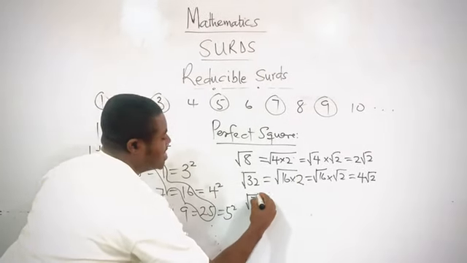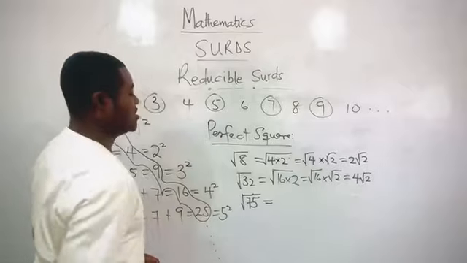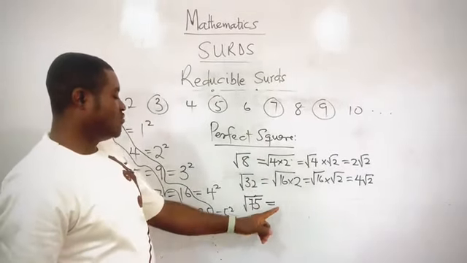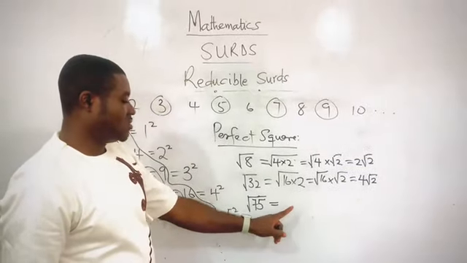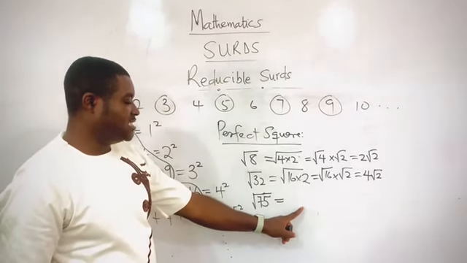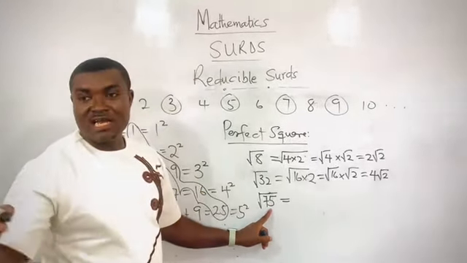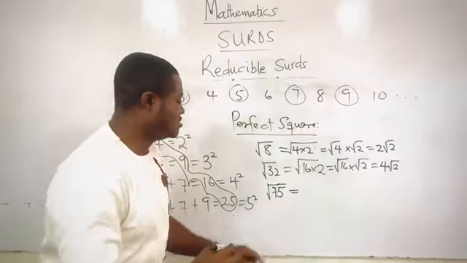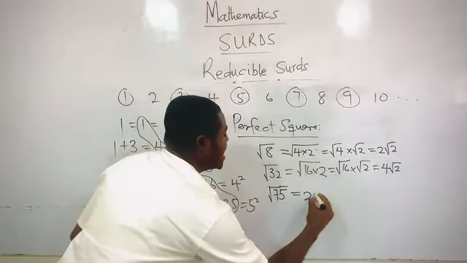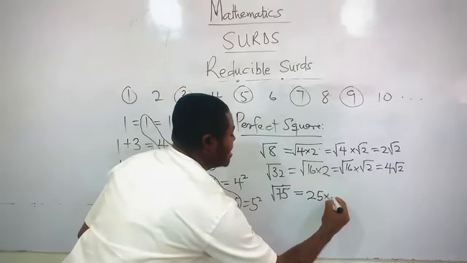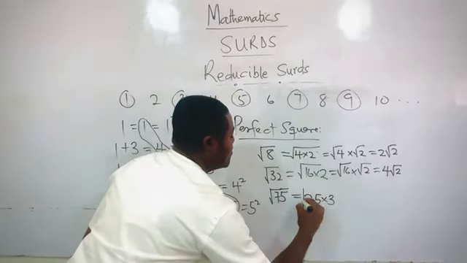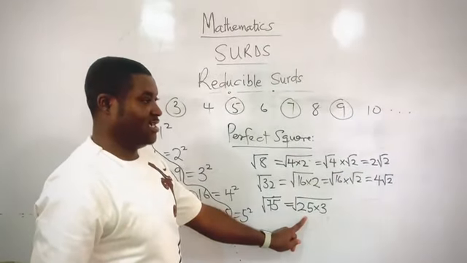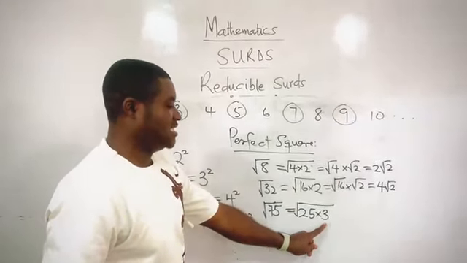root 75, which perfect square are we going to pick? Times what other integer will give you 75? Yes, Amma. Okay, good. 25 times 3 will give you 75, because 25 is a perfect square and this is an integer.